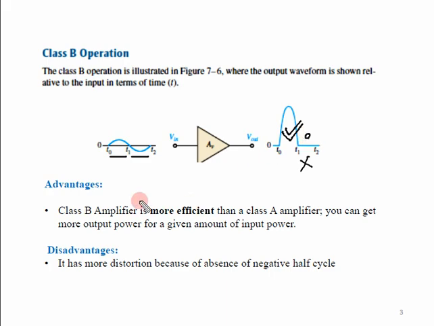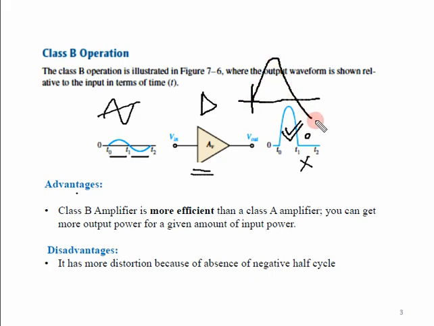Now its advantage is that the class B amplifier is more efficient. Just for clarification, if I replace this amplifier by a class A amplifier, for this input signal, the class A amplifier would conduct and amplify for the entire cycle of the input signal.